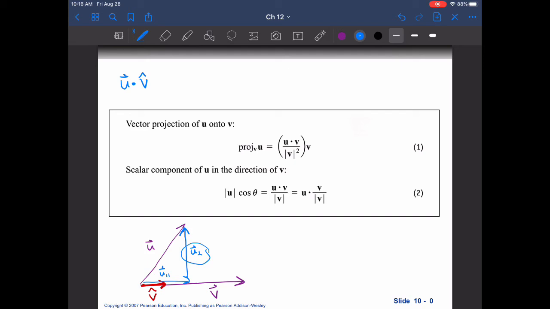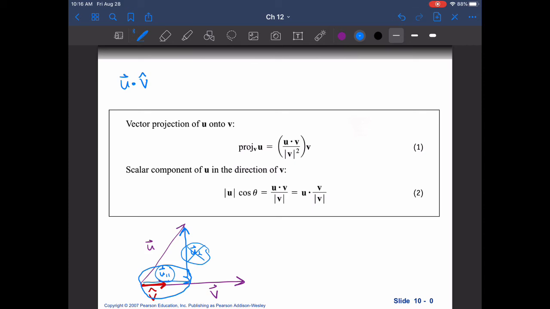Okay, there's nothing parallel to it. So it's going to get canceled out. And all we're going to end up with is this u parallel times this v, and this v has a length of 1. So the only thing I'm getting is u parallel times 1, which is just u parallel.